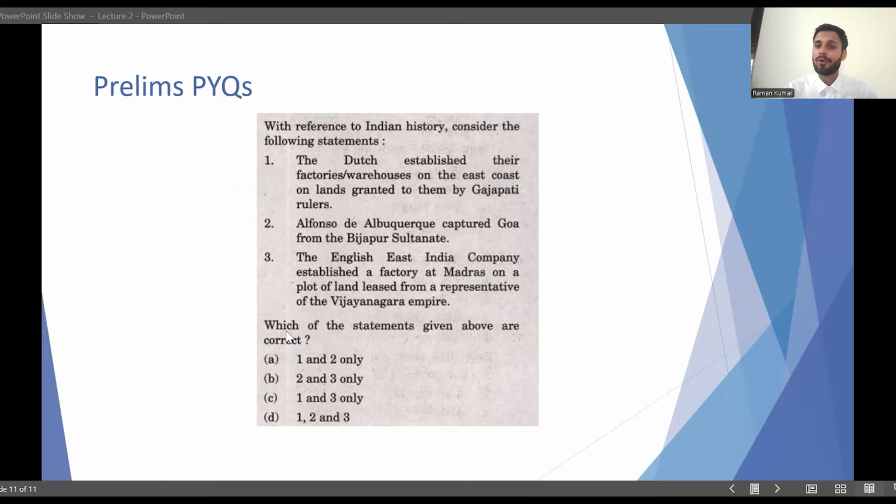This statement we have already discussed in the previous lecture. This statement is true. Then the third one, the English East India Company established a factory at Madras on a plot of land leased from a representative of the Vijayanagara Empire. Again, try to find the information on this fact. This is homework for you.